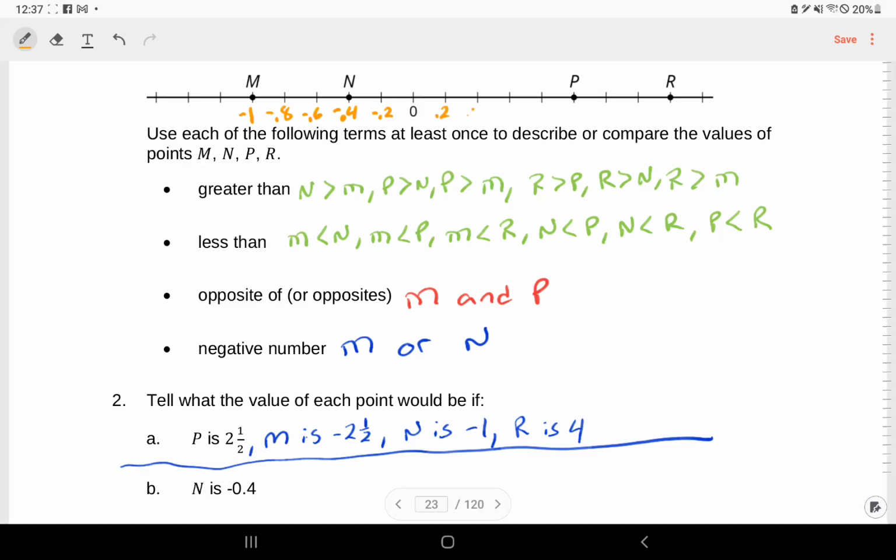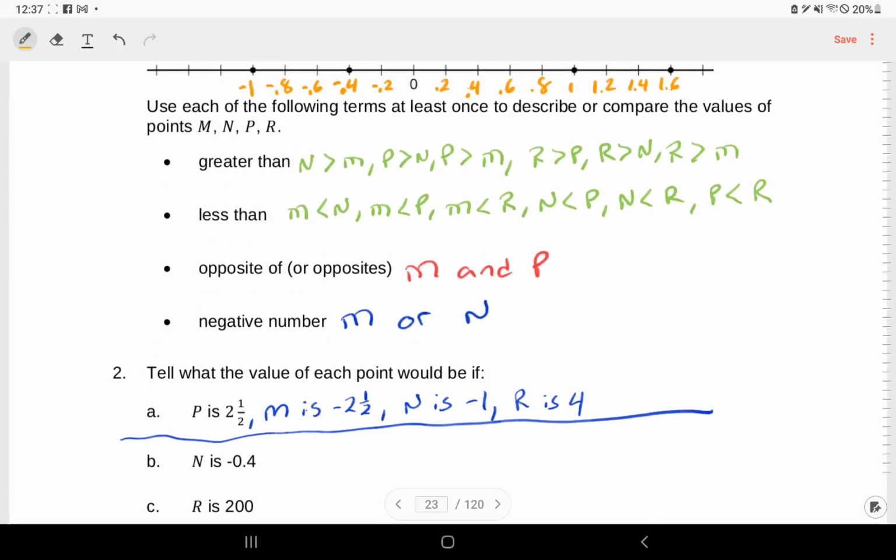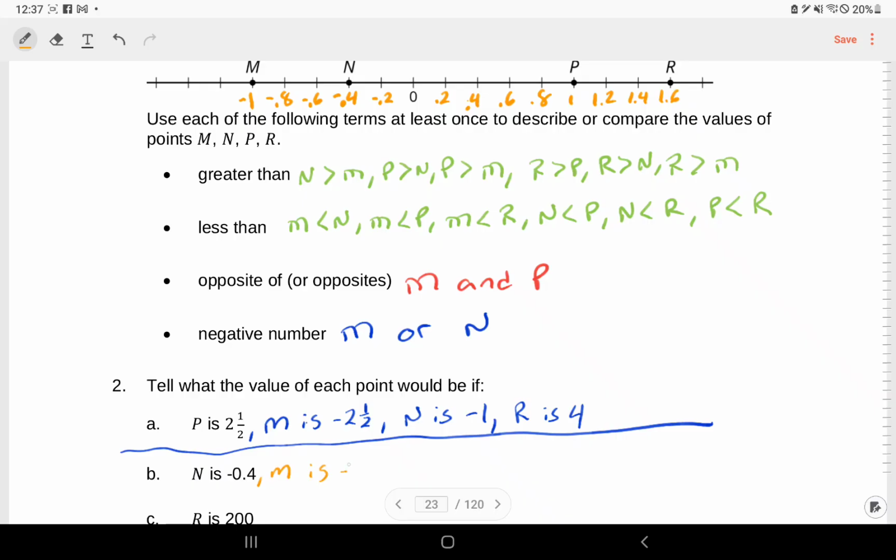So 0.2, 0.4, 0.6, 0.8, 1, 1.2, 1.4, 1.6. And so N is that. M is negative 1. P is 1. R is 1.6.